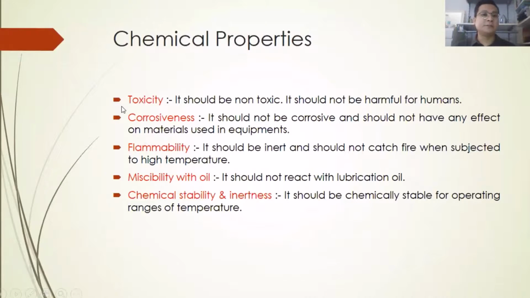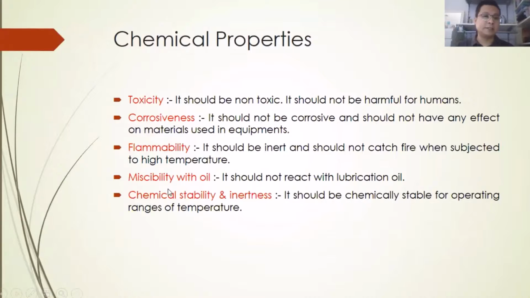And then we go to the chemical properties. When we select refrigerants, they should be non-toxic, satisfying all these parameters. They should not be corrosive, and should not be flammable, or at least low flammability. Miscibility with oil: it should not react with the lubricant oil. Chemical stability.